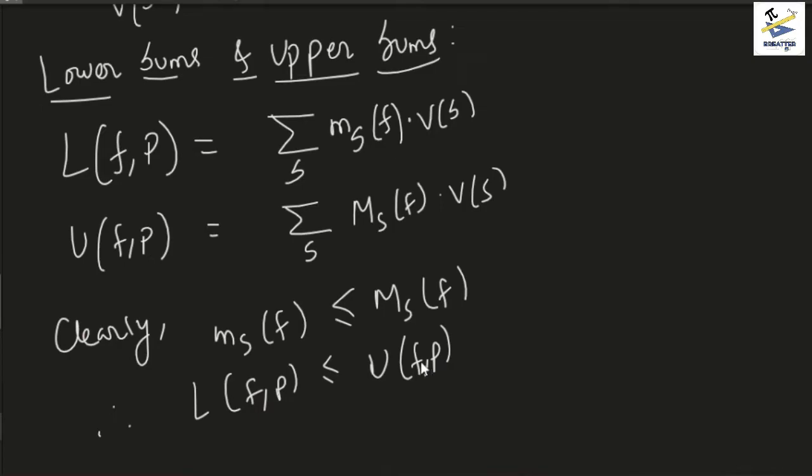So what this means is that obviously the lower sum is less than the upper sum, but it also means that if you have another partition P prime which refines P, that is, each subrectangle of P prime is contained within a subrectangle of P, then we can also say that the lower sum of P prime is greater than the lower sum of P, and the upper sum of P prime is less than the upper sum of P.